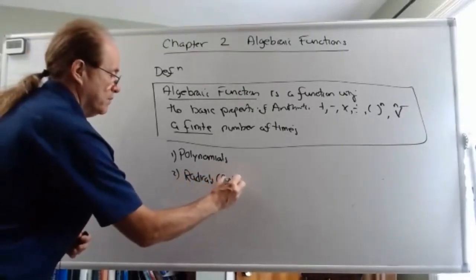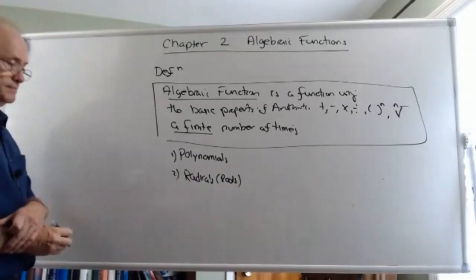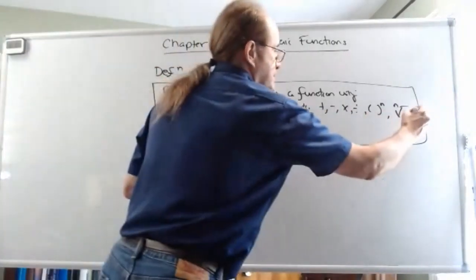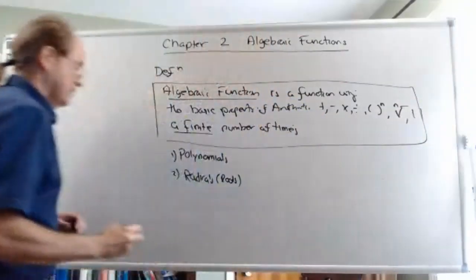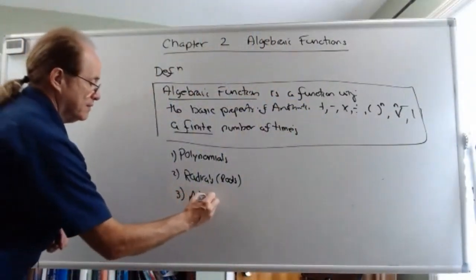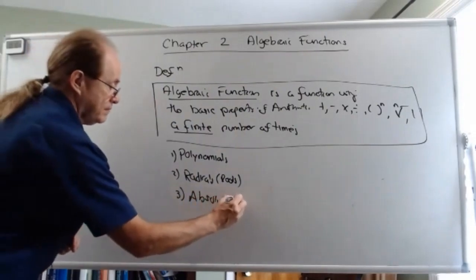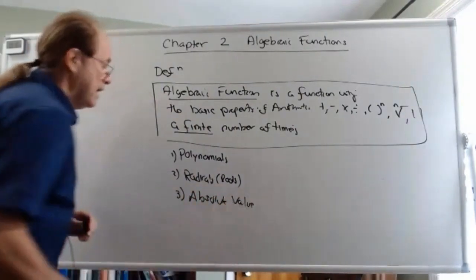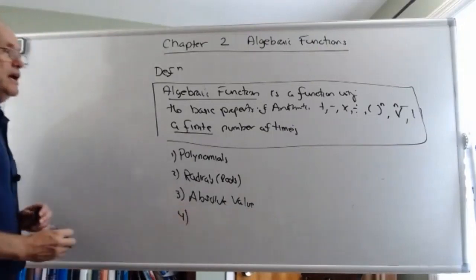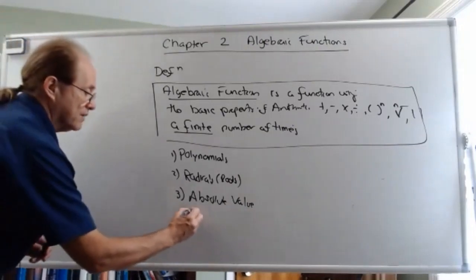Or if you're over in Europe, they call them surds. In addition, I should put over here the absolute value operation. We might have some absolute value functions. As well as the last group of these algebraic ones, rational functions.